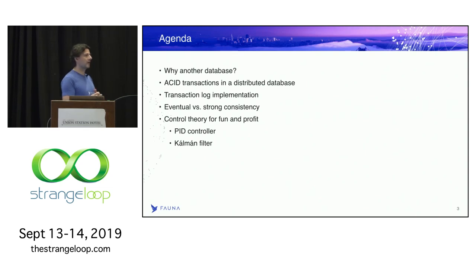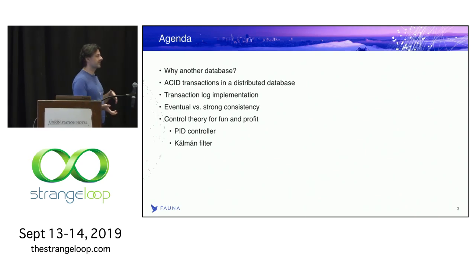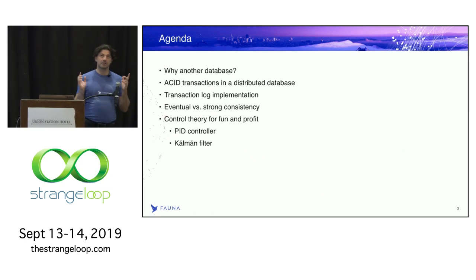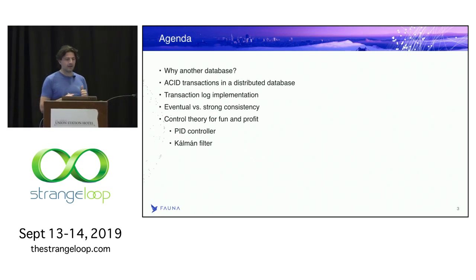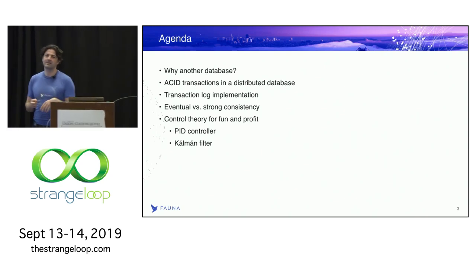I will talk about how we are balancing eventual versus strong consistency in our system. We are always strongly consistent, though. And I want to end the talk by discussing an interesting thing, which is applying control theory to your distributed system to actually make it faster.